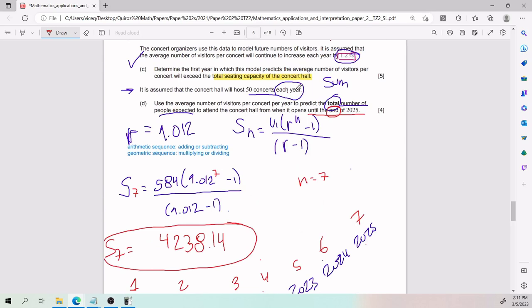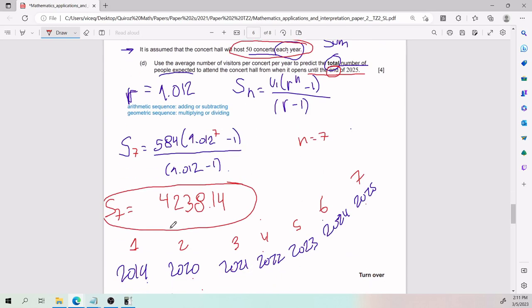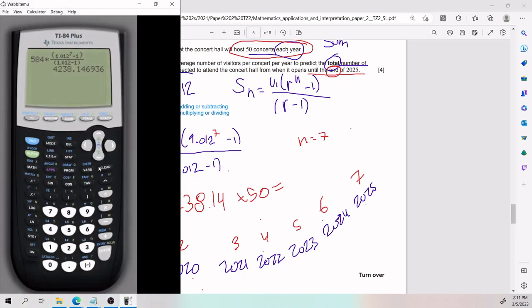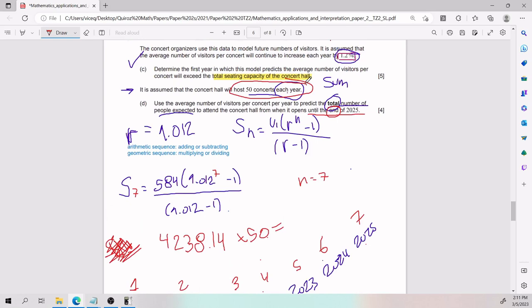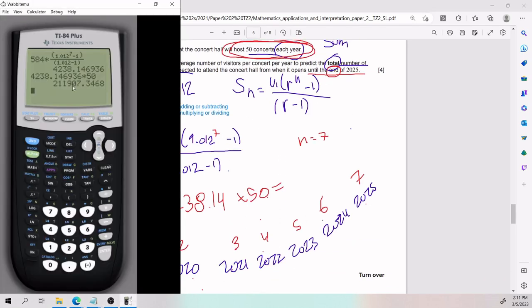But since we're talking about 50 concerts each year, I have to take this number and multiply it by 50, and that is not my sum anymore, but 50 concerts each year added together will be my final answer. Just because there's a small line here that says 50 concerts each year, I have to multiply by 50 at the very end. All right, so if I go ahead and do that, it gives me that number.